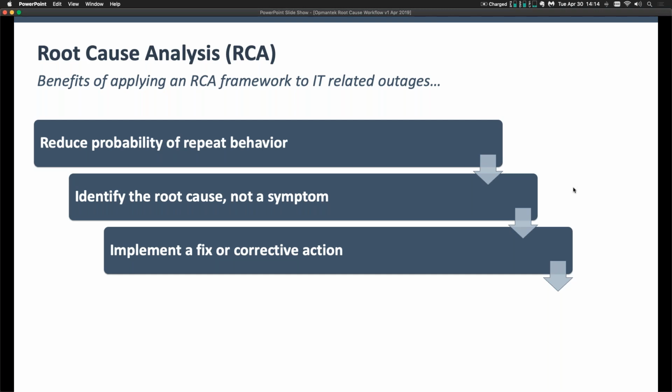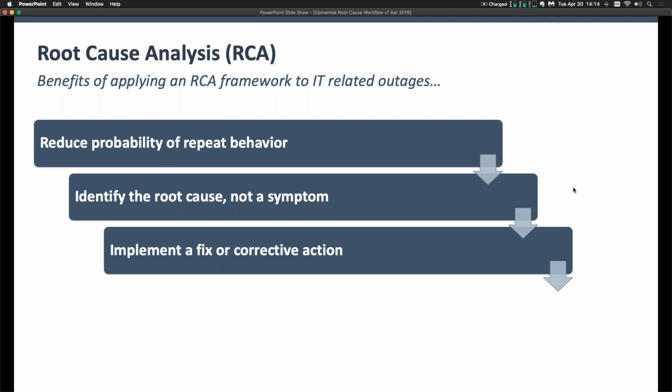As a result, those things cost the company more money. And by the time they get to a really high cost or high impact event, if that event has cleared itself for whatever reason, and they haven't collected any troubleshooting information to help them with that event, then being able to implement a fix or a corrective action may escape them.